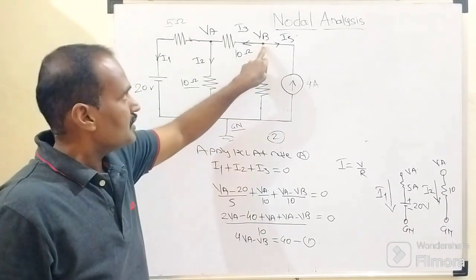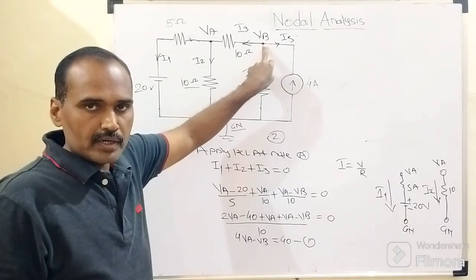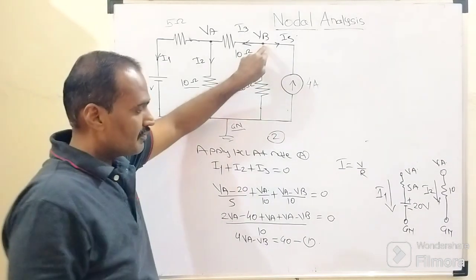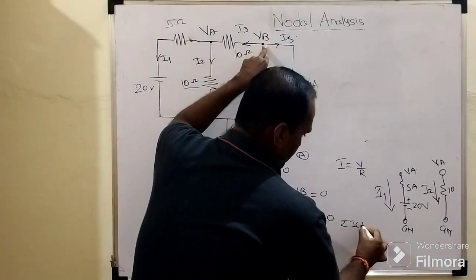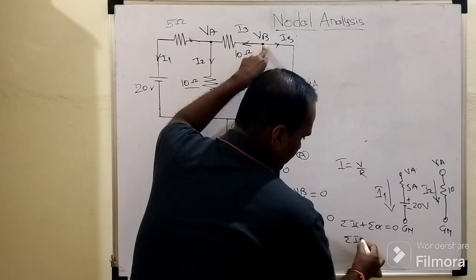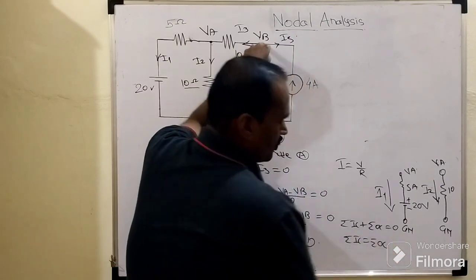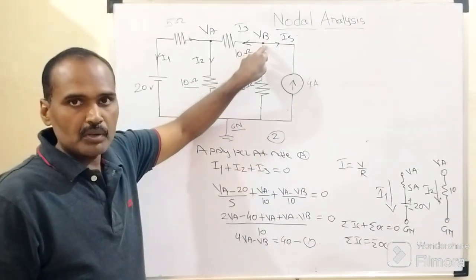So these 3 branches are interconnected at this node potential VB. One more time we need to apply this Kirchhoff current law at this node number 2 whose potential is nothing but what? VB. So according to this KCL, summation of incoming plus summation of outgoing currents equals to 0, or summation of incoming equals to summation of outgoing currents, right? How many currents are there at this particular node?